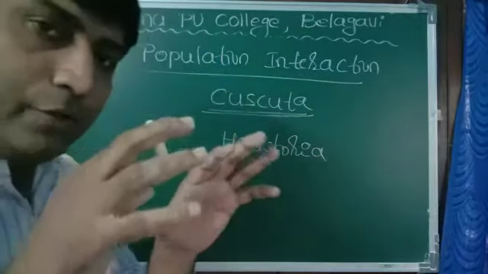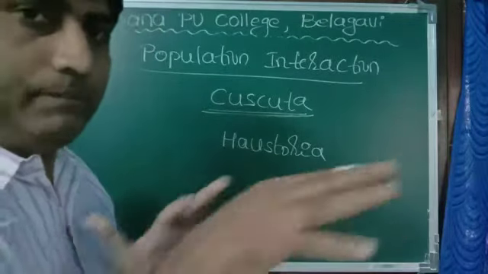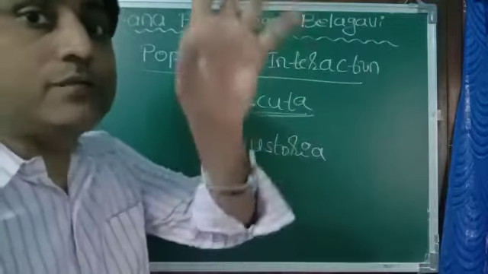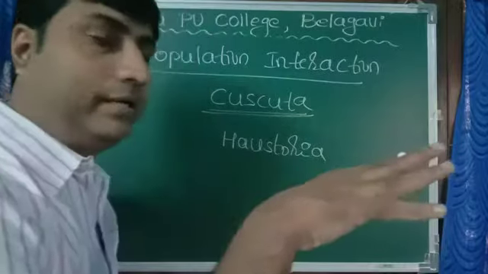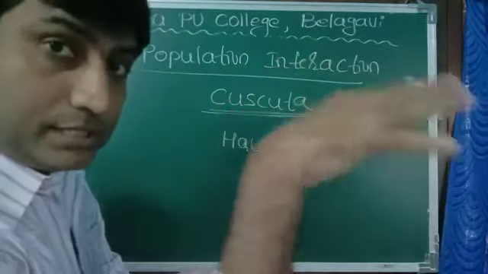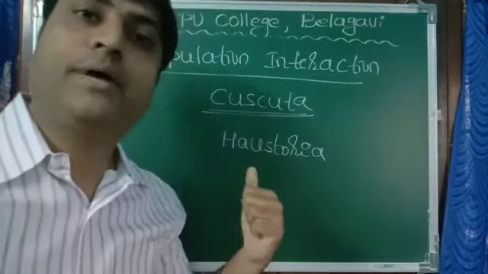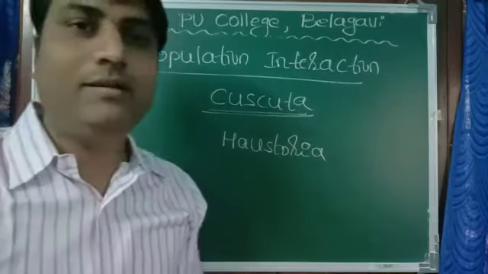With the help of that root, they send it into the tree, their host, because the tree at the center contains phloem, the food conducting tissue. They send the root in till it reaches the phloem, and from there they grab the food. So this is a plant parasite, another population interaction.